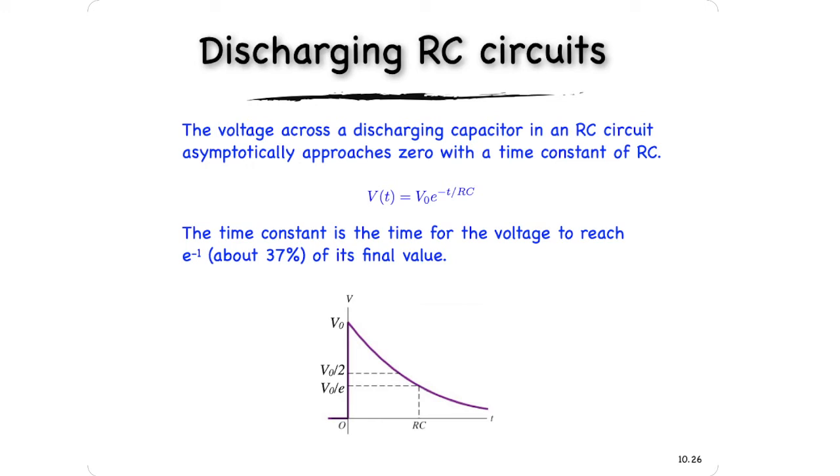The first time we start at 0 and we ramp up to 63%, and here we're starting from 100% and we're decreasing to 0. So the RC time constant is the time it takes to get down to about 37%. And so, we can see that when t equals RC, we have e to the minus 1 here, and the voltage is 1 over e times the initial voltage.